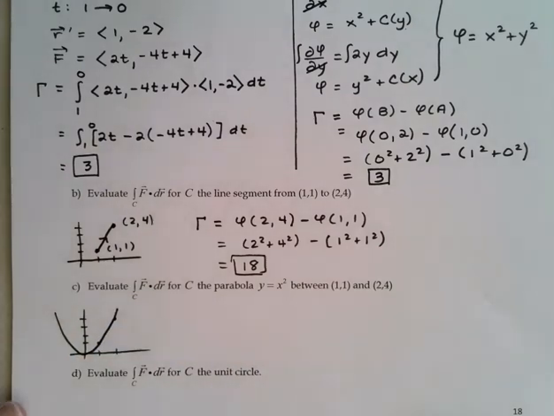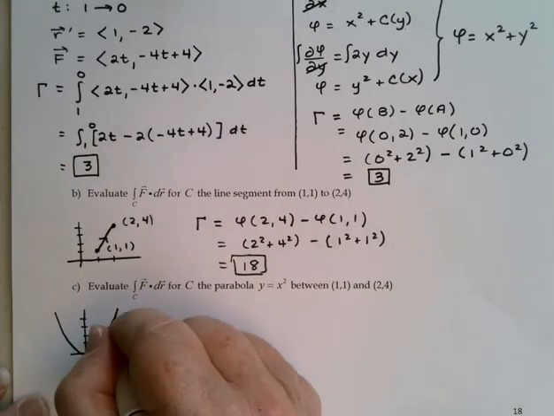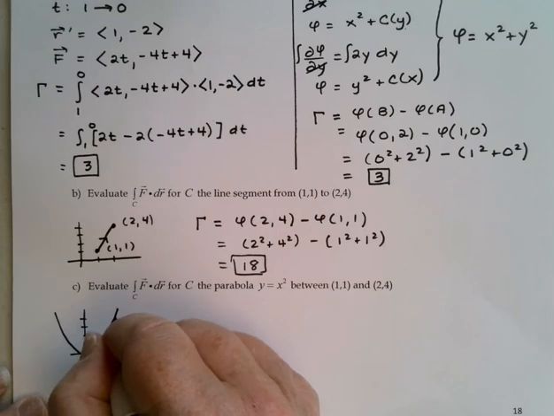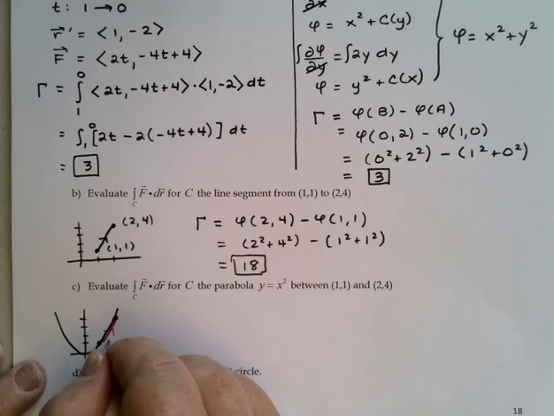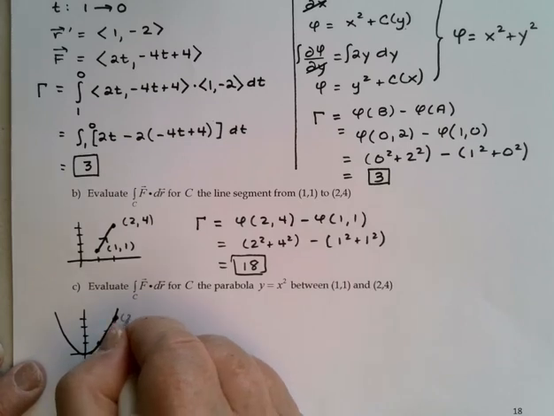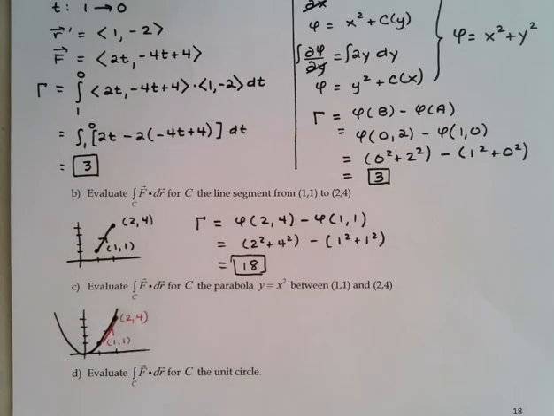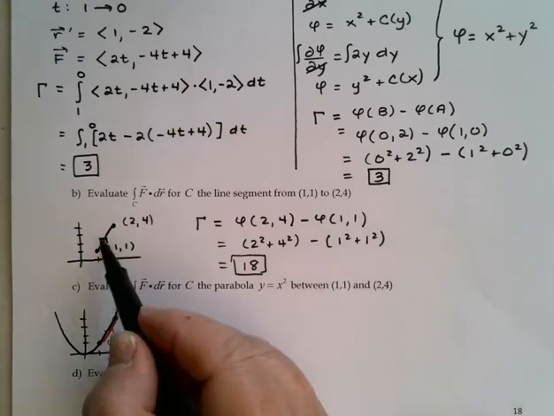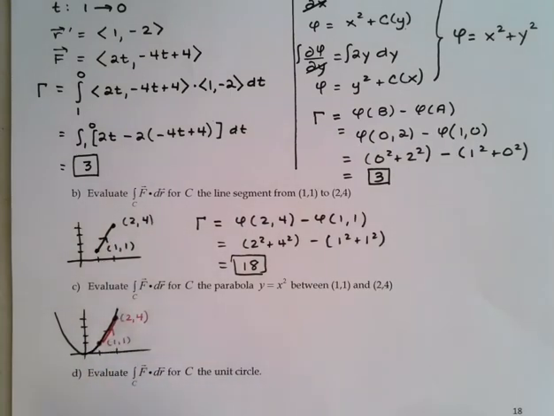And I just want this part between 1, 1 and 2, 4. Now this is a different path than I had up here. This was a straight line. This was part of a parabola.